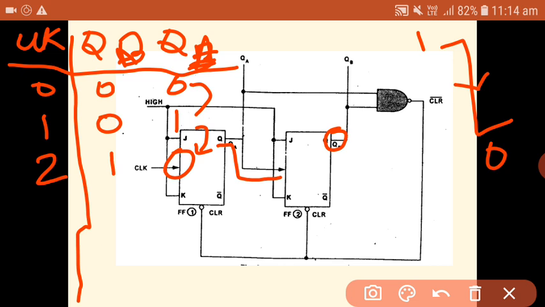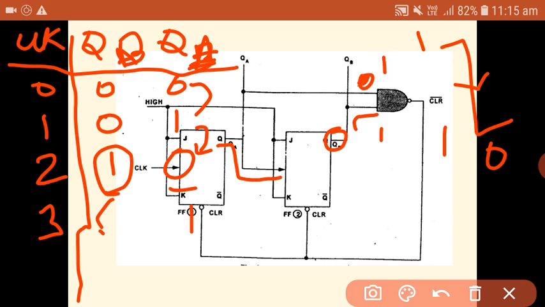When QB becomes 1 and QA becomes 0, the output of the NAND gate is high. After the third clock pulse, QB is not toggled and QA toggles, so both 1 and 1 become available.